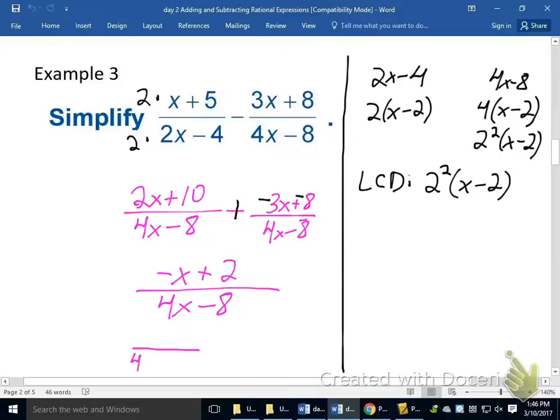Because remember that the 4 could factor out on the bottom. And on the numerator, negative x plus 2 can be rewritten as x minus 2 if I factor out a negative 1. So now the x minus 2's cancel, and you're left with negative 1/4. And that wraps it up.